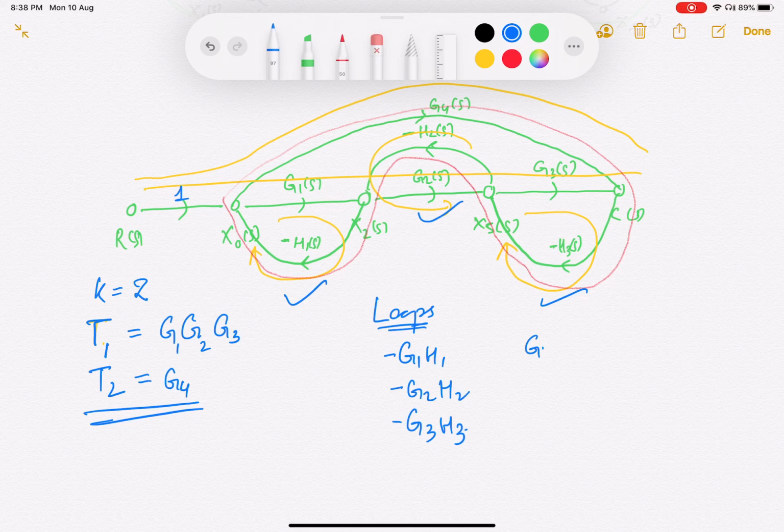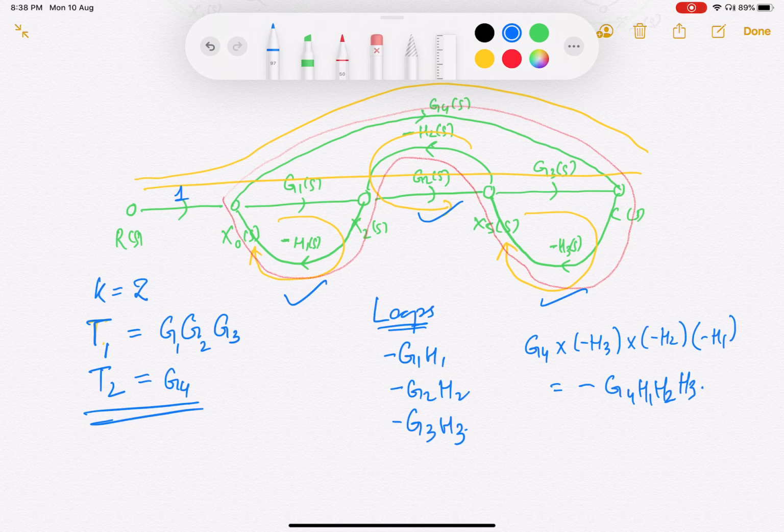So G4 into minus H3 into minus H2 into minus H1, which is minus G4 H1 H2 H3, right?